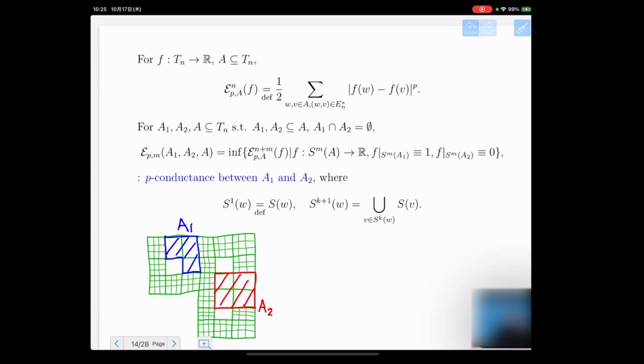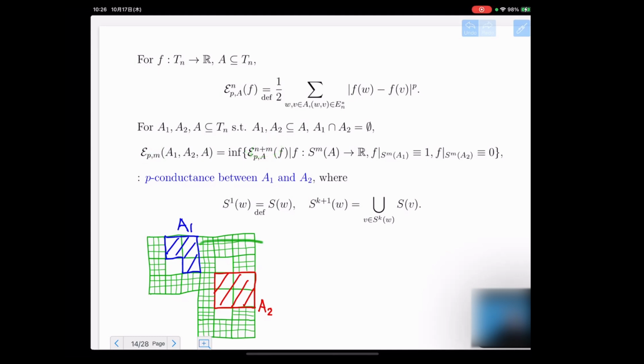And then what I will define is the p conductance between A1 and A2. So the setup is, okay, A1, A2, and A are subsets of Tn. So this is A, and this is A1, and this is A2. And there's another parameter, M. M is a parameter which defines the graph up to the n plus m level.